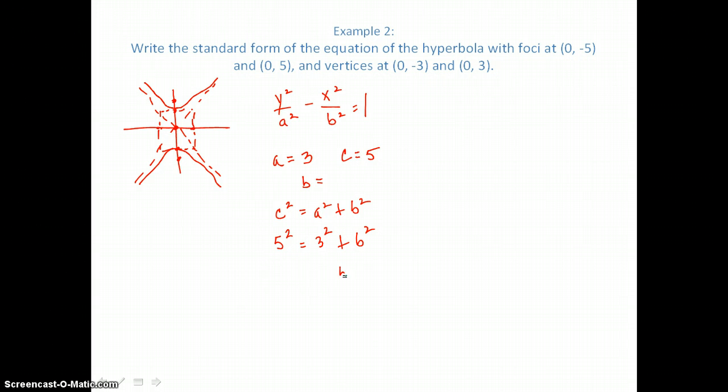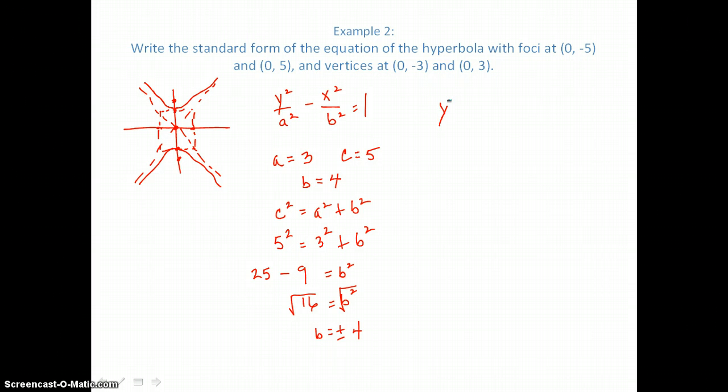So I'm going to find out that b squared is equal to 5 squared, which is 25, take away 3 squared, which is 9, or b squared is equal to 16, and taking the square root of both sides, I find out that b is equal to plus or minus the square root of 16, which is 4. But because b is a distance, I only want to note the positive value, so b is equal to 4. And now that I know a and b, I can write the equation.